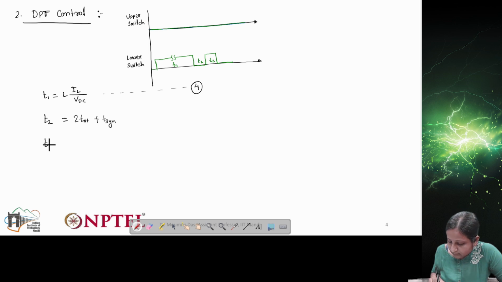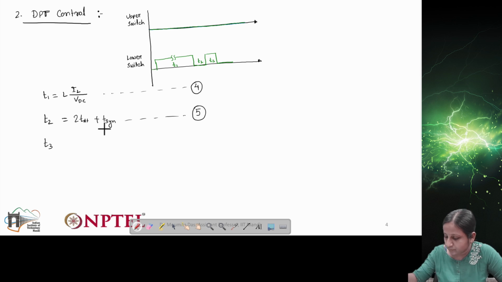Now we have to calculate the value of T3. As you already know, when the device is turning off, at this particular point we find out the dynamic characteristics during the fall time, and when the device is turning on the second time, we find out the dynamic characteristics of the device during the turn on condition.